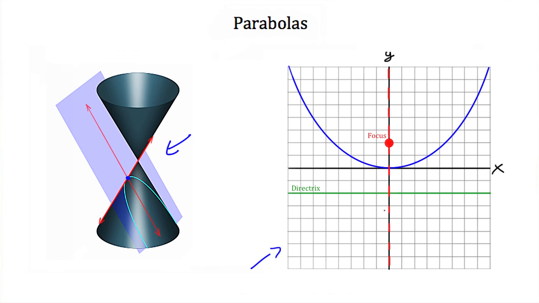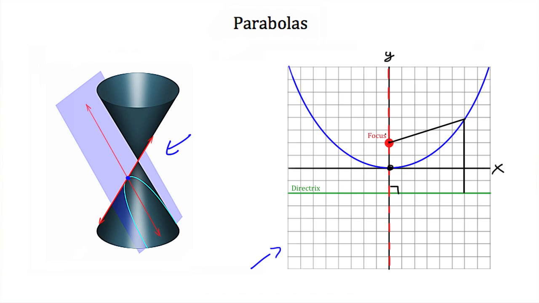This axis of symmetry will pass through both our vertex and our focus. This axis of symmetry is also perpendicular to our directrix. What makes the focus and the directrix important is that every point on this parabola is the same perpendicular distance from its directrix as it is from the focus.